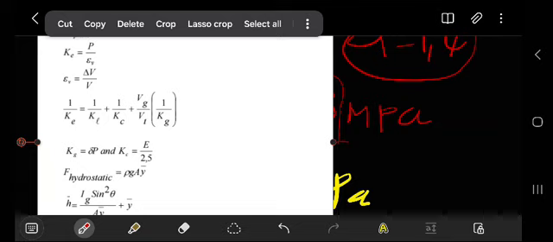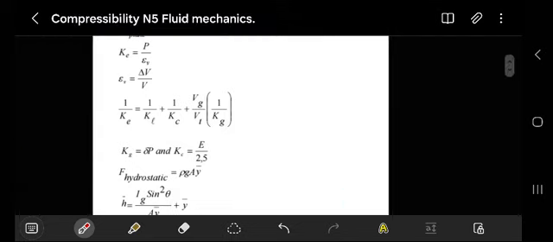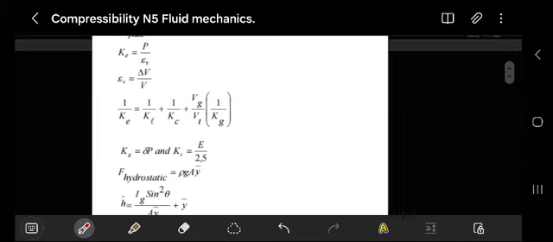It shows 1 over KE is equal to 1 over KL plus 1 over KC plus VG over VT into 1 over KG, right? I've told you that, and you see that KG is this multiplied by P, and KC is equal to E over 2.5, right?